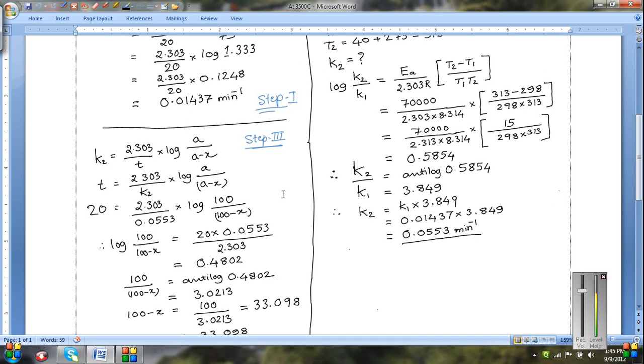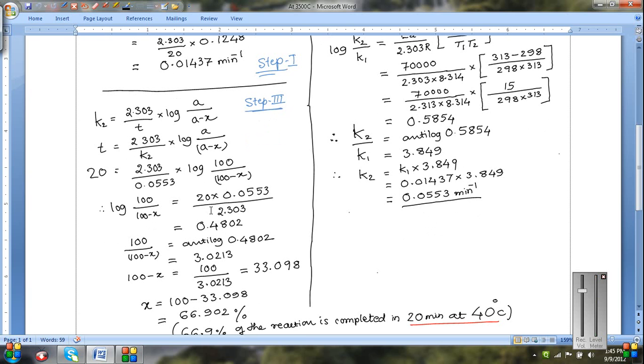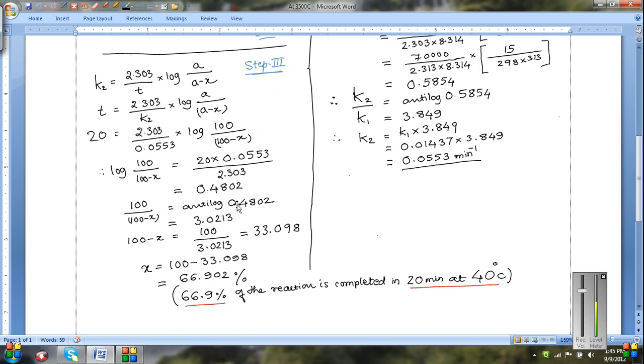How much is reacted? We don't know. So log of 100 upon 100 minus x is equal to 20 multiplied by 0.0553 divided by 2.303, that equals 0.4802.